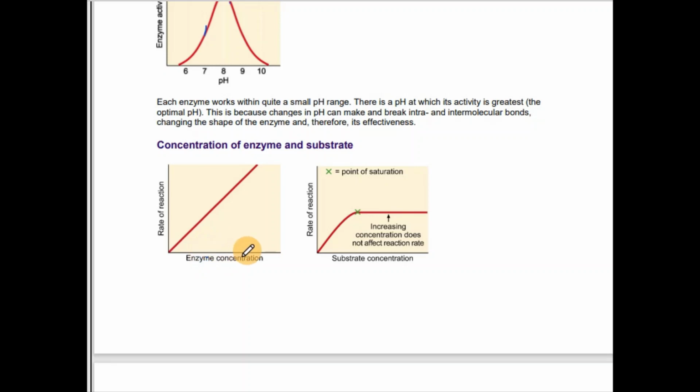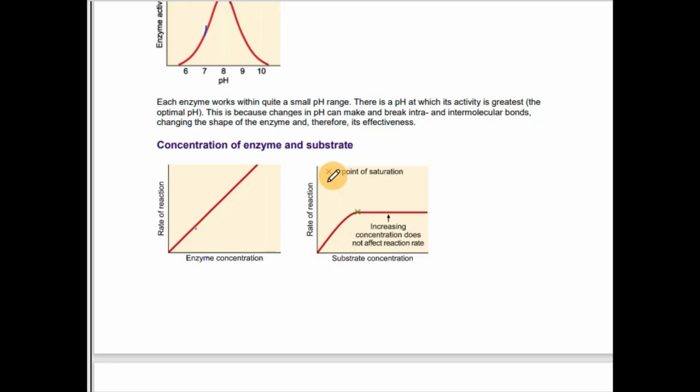If we bring in more active sites or more enzymes, then the rate is going to increase linearly. So as you increase the enzyme concentration, the rate of the reaction also increases linearly like that. So the dependency of the rate of a reaction on the enzyme concentration is that when you increase the enzyme concentration, we linearly increase the rate of a reaction.